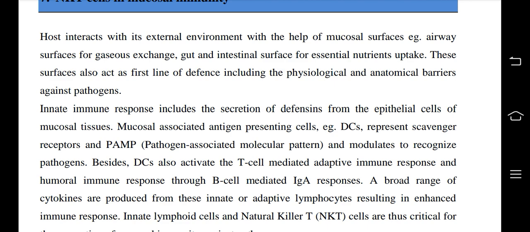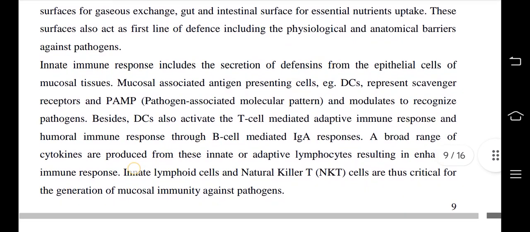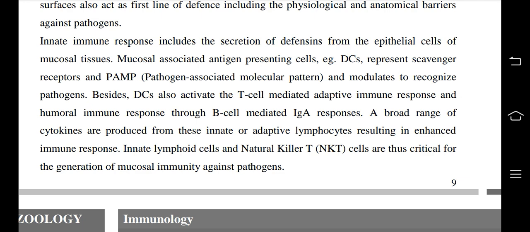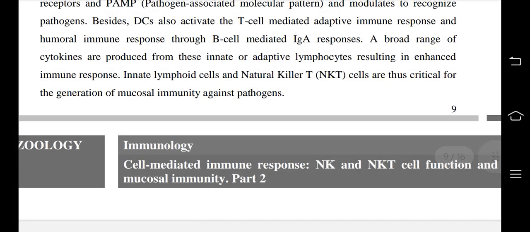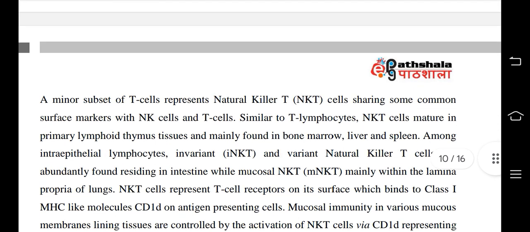Mucosal associated antigen presenting cells like DCs express scavenger receptors and recognize PAMPs, pathogen associated molecular patterns, to recognize pathogens. Besides, DCs also activate the T cell mediated adaptive immune response and humoral immune response through B cell mediated IgA response. A broad range of cytokines are produced from these innate or adaptive lymphocytes, resulting in enhanced immune response. So, innate lymphoid cells and natural killer cells are thus critical for the generation of mucosal immunity against pathogens.